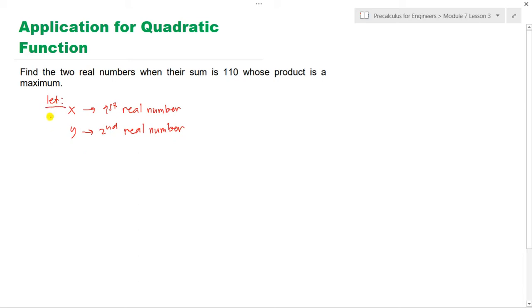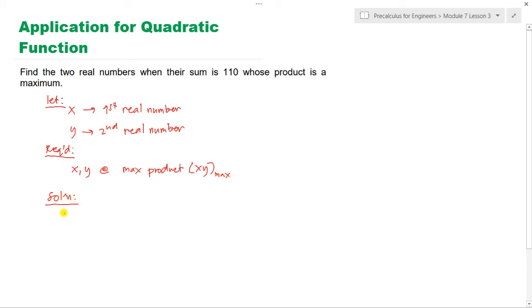Okay, the required are of course the two numbers x and y. Of course our goal is the maximum product of x and y, that is xy. The product of x and y should be maximum. Maximum product xy max.